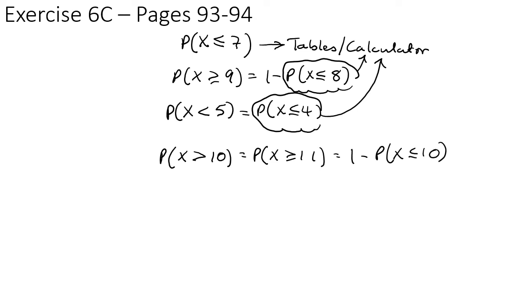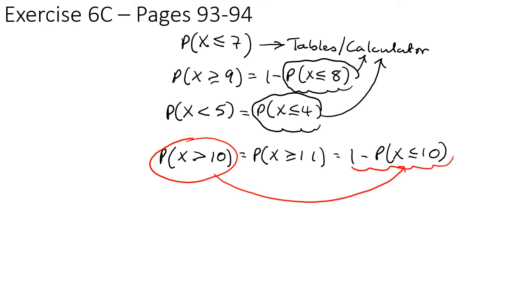So a shortcut might be, with those types where it's greater than something, to go straight to this. And again, we would now use our calculator on this part here.